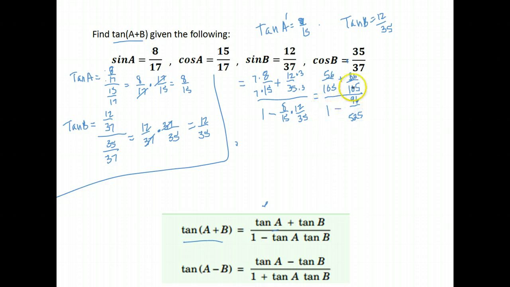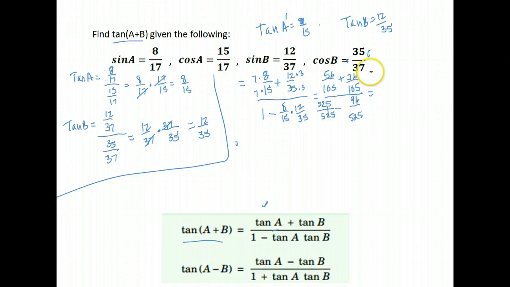To move on from here, in my denominator, again, I would need a common denominator, which I would go with 525. So 1 I could write as 525 over 525, and I'll be able to subtract. In the numerator here, I have 56 minus 36.